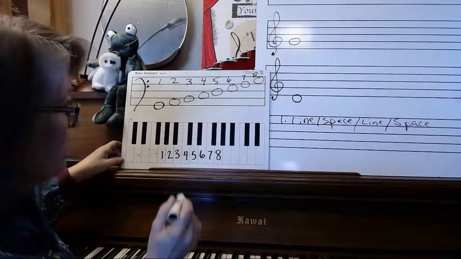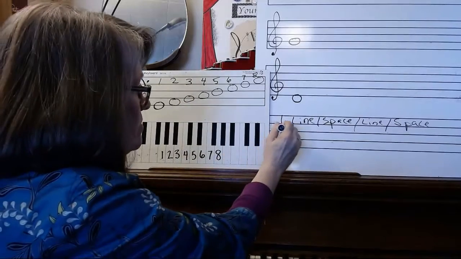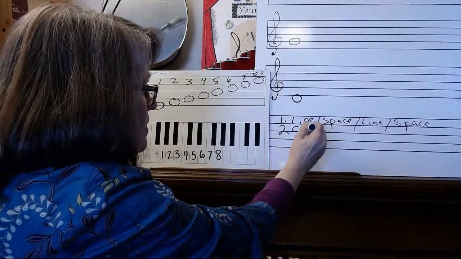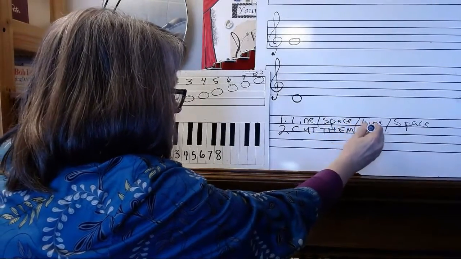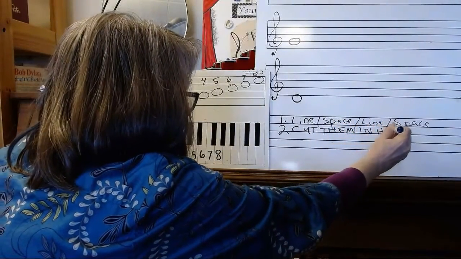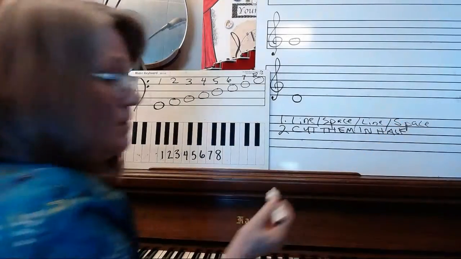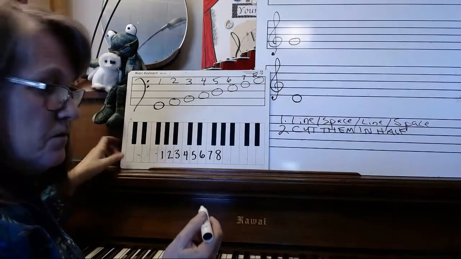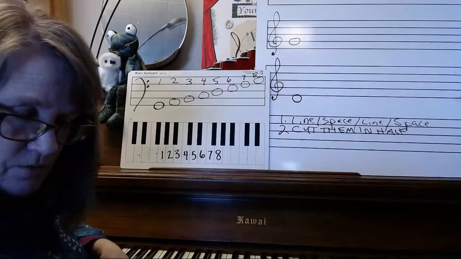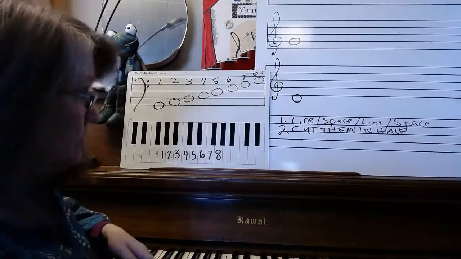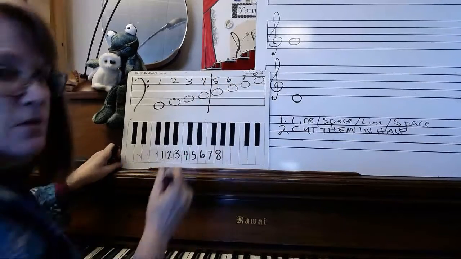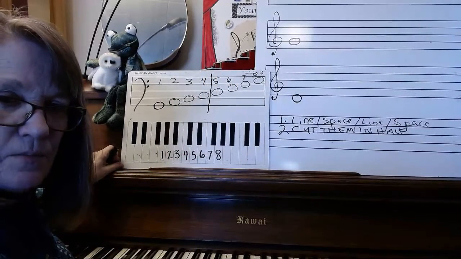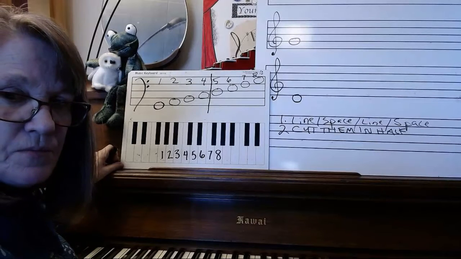Okay. What's the next step? Cut them in half. Okay, so what am I going to do? I'm going to go to 4 and put a line directly between the 2 tetrachords.